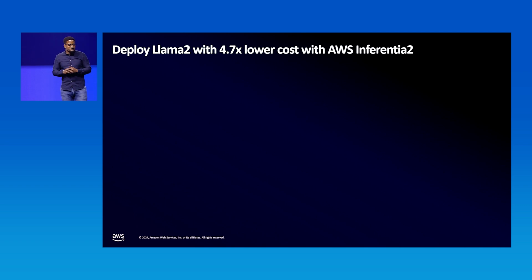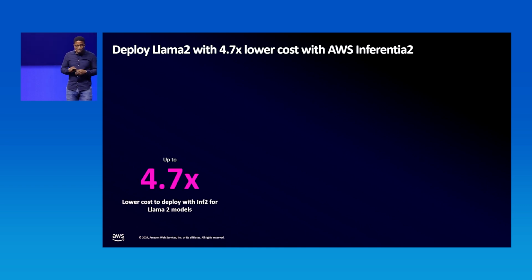So back to our initial use case, you have fine-tuned the Llama 2 models on your company data to build your chatbot application. And now you want to deploy this model into production for the users to start interacting with it. What performance numbers can you expect when deploying this on Inferentia 2? You can expect up to 4.7x cost savings versus comparable EC2 instances on the Inferentia.